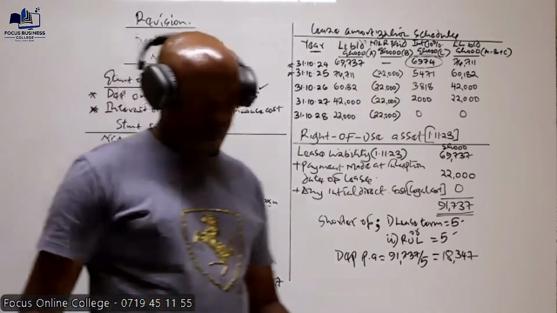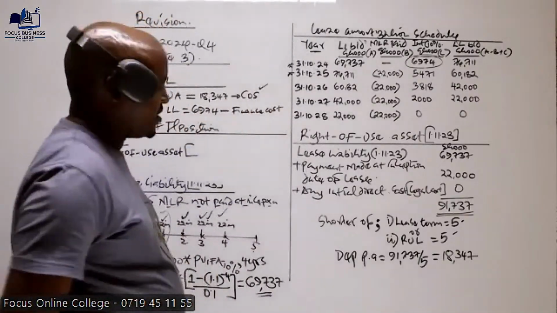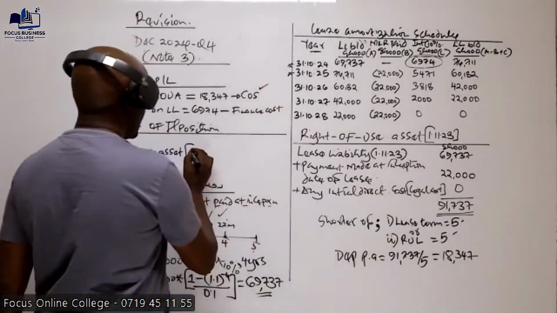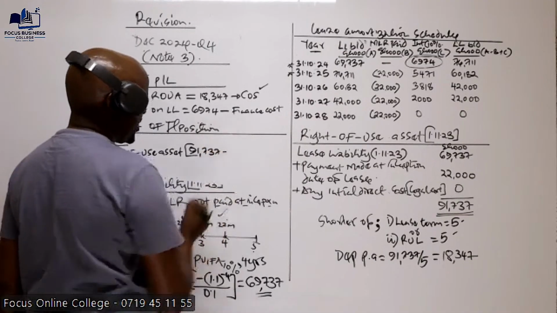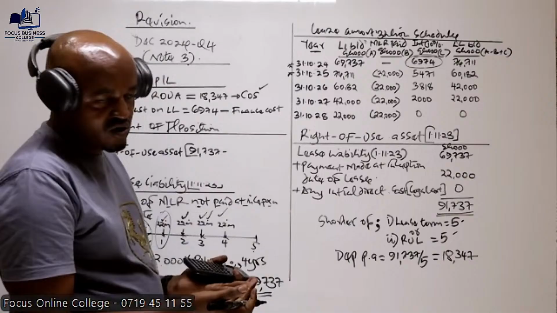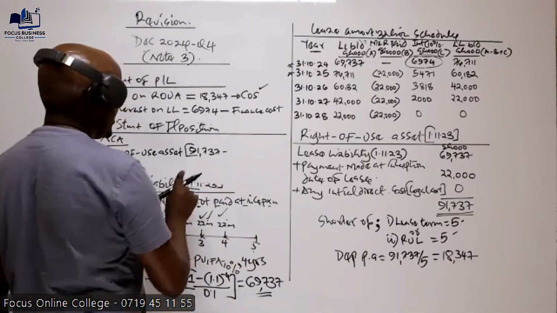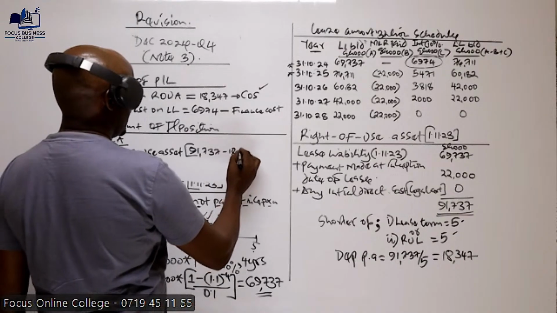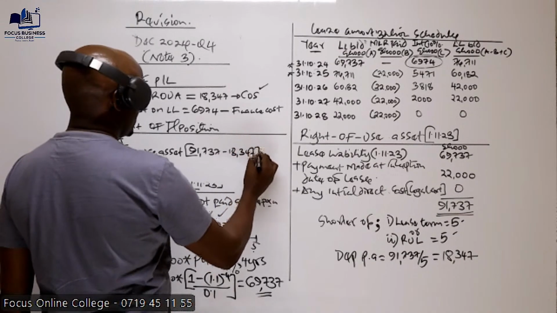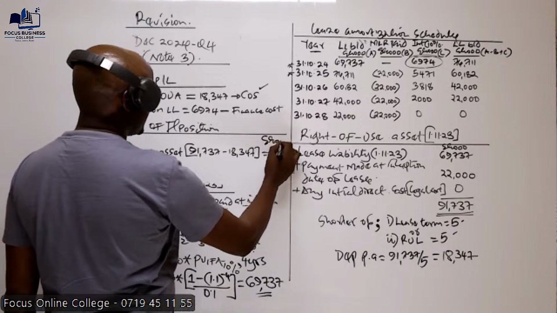Remember, the value of this right of use asset is 91,737. That is the original cost, but during that year, it was depreciated with this amount of 18,347. So we get the difference here.